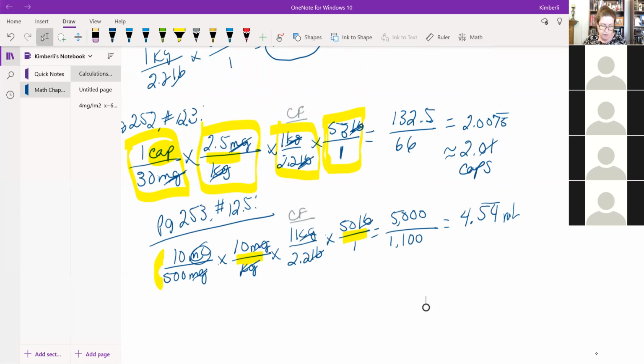Now the tech note: not all medications can be rounded to a whole number. Typically, the smaller the dose and the more potent the medication, the less rounding is recommended. So it's important to not round if you get a measurable quantity, okay? So we have 4.54 milliliters, and I'm looking at my syringes.